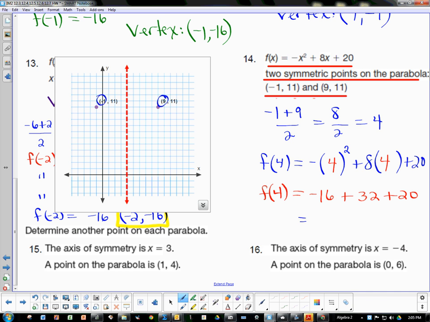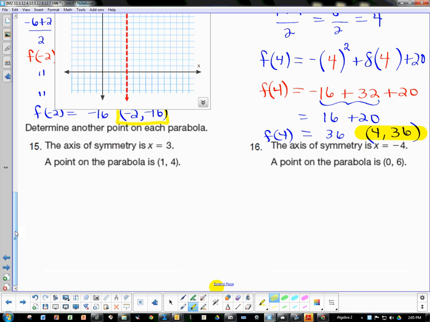And this happens to be 16 plus 20, all right? And that's going to be 36. Your vertex is 4, comma 36. All right, moving on.